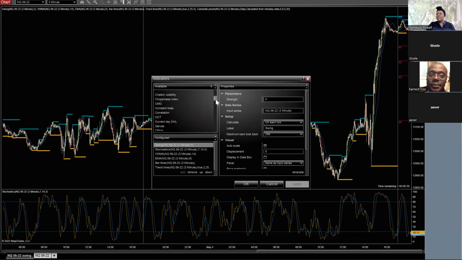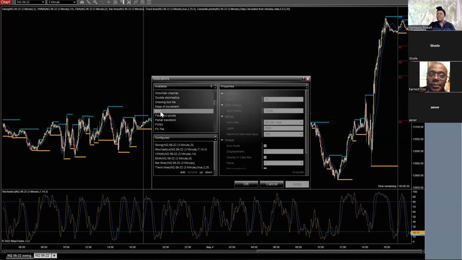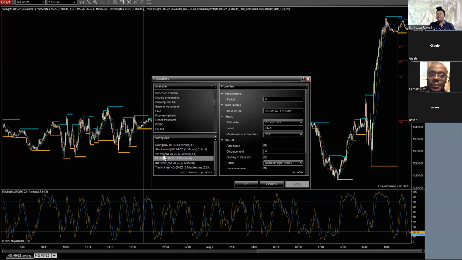So I scroll down to EMA, which is here. You click on EMA, you click add, and then it will appear down under configured. Once it appears down there, you click apply, and then it will appear on your chart. And then you click OK.